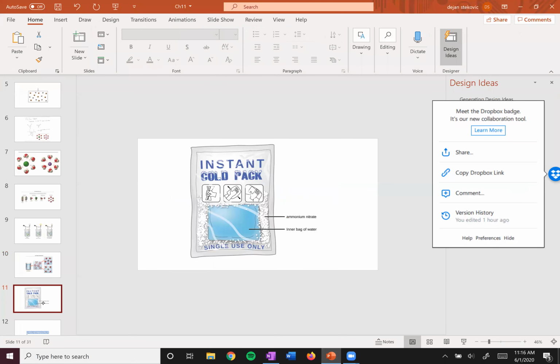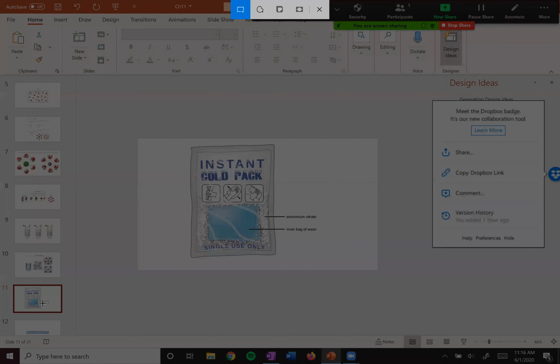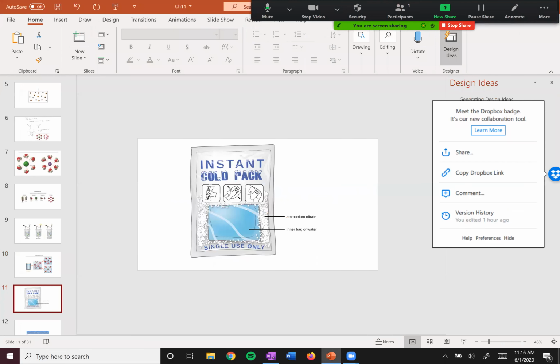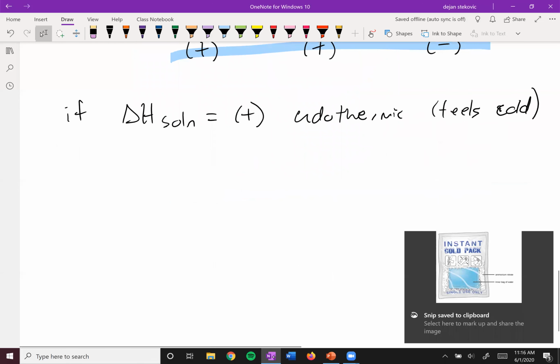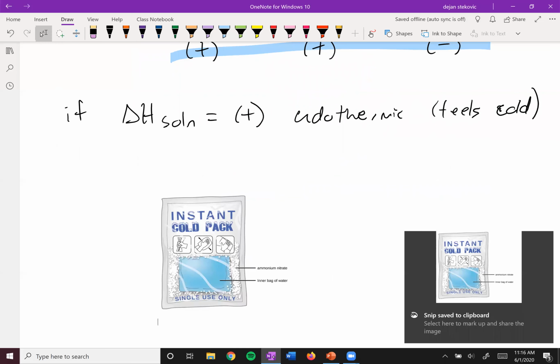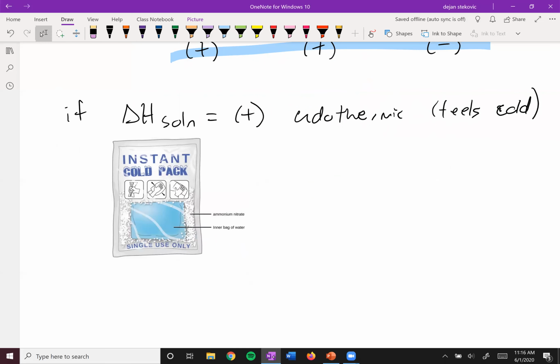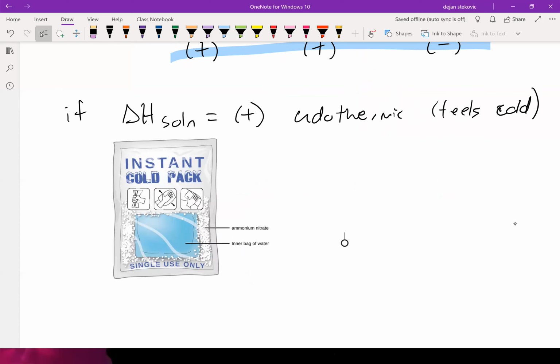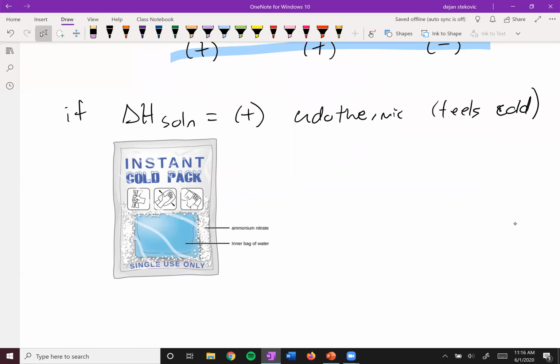And so this is how a cold pack works. So you break the little barrier in there, and then you have a solution formed that is overall endothermic, and so it's absorbing energy from your hands and mixing. Again, why does a solution form even though it's endothermic? It's all because of entropy.